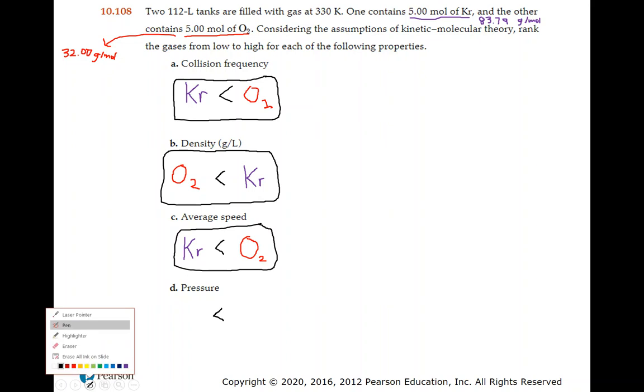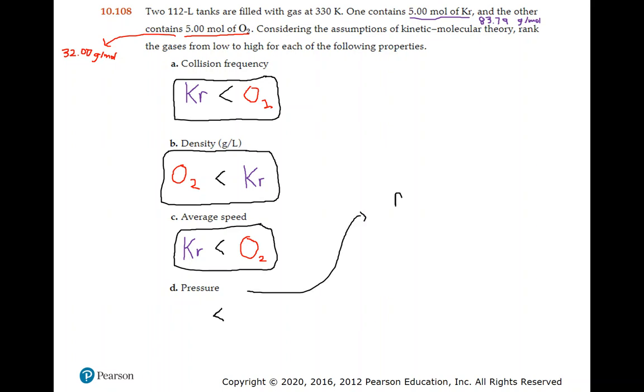And then finally, pressure. Now, to go through pressure, I'll just remind you of what the ideal gas equation is. That is PV = nRT. And specifically, if we want to rearrange this to solve for pressure, we can do that.